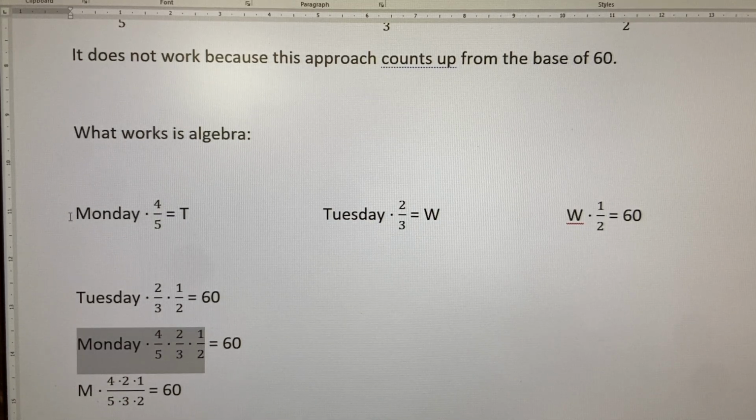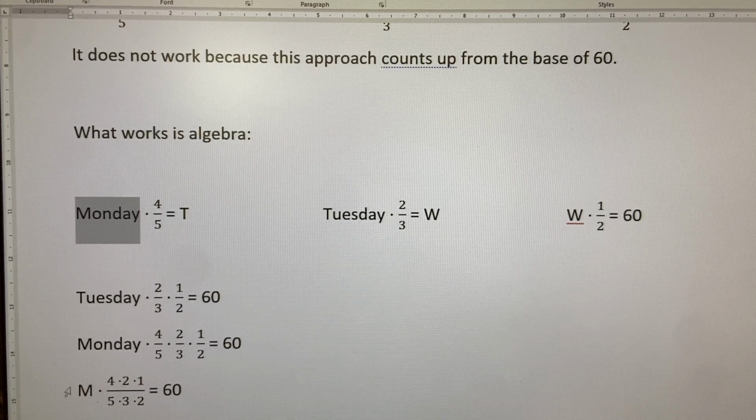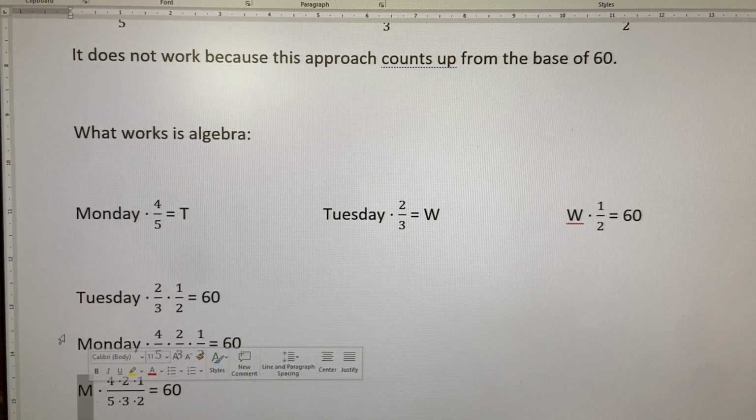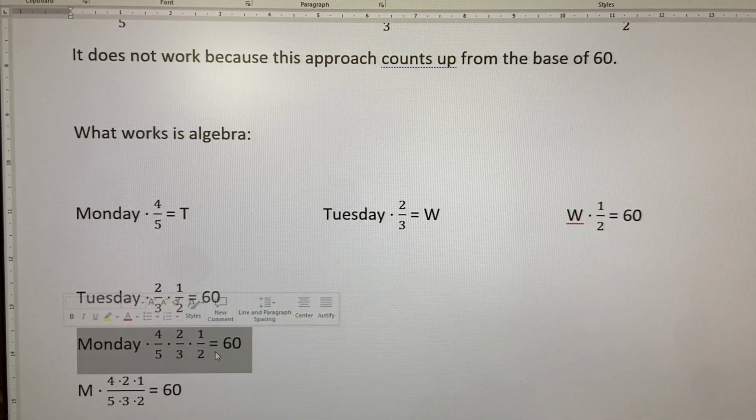The Monday amount is what we're looking for, or M, is calculated by multiplying these three fractions, and the calculation should equal 60. So typical fraction multiplication standard procedure: multiply the numerators, multiply the denominators. 4 times 2 is 8, times 1 is 8, 5 times 3 is 15, times 2 is 30.